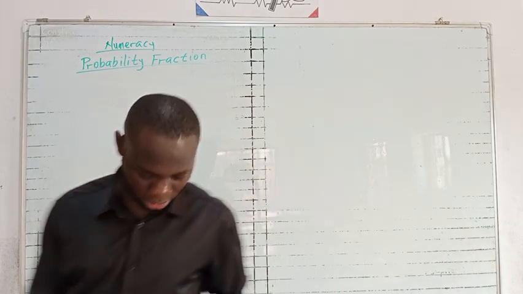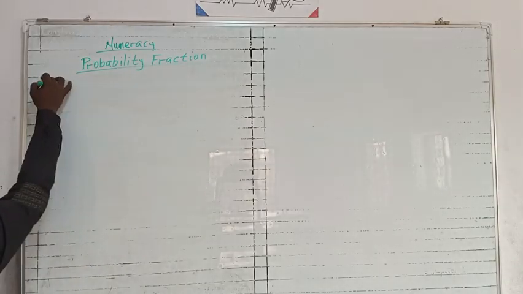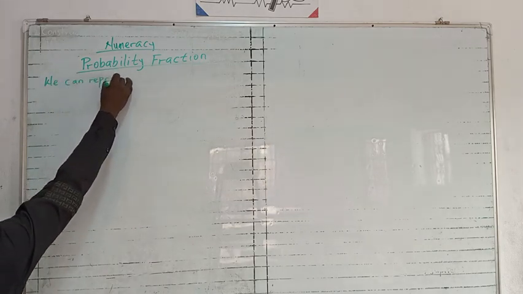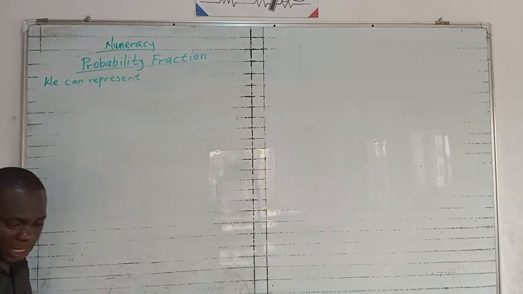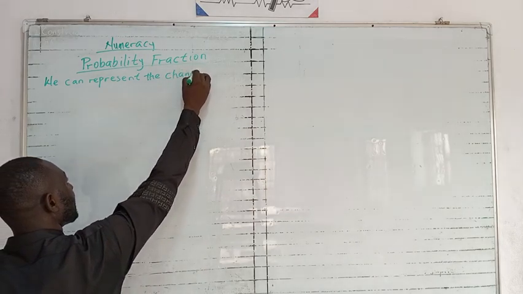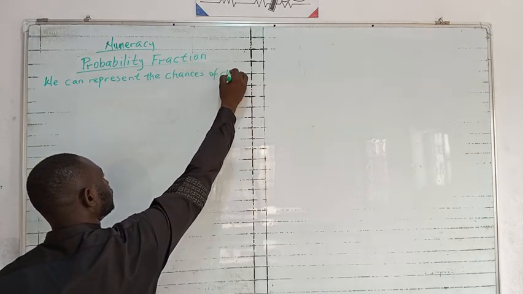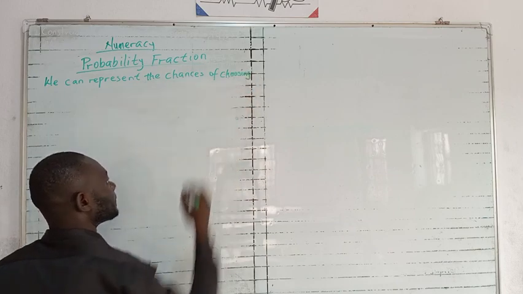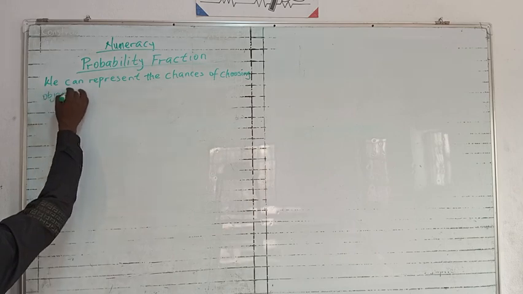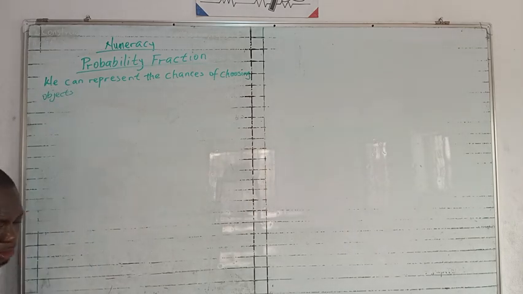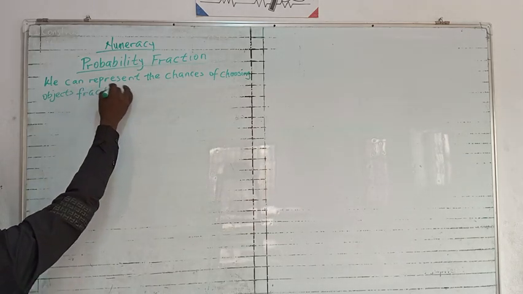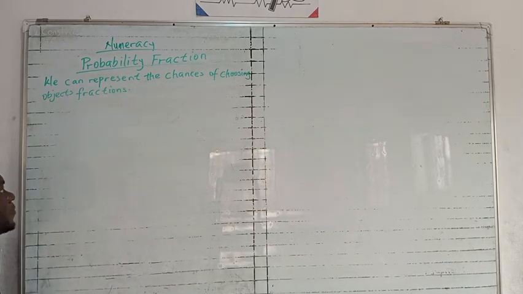So let's look at this. Like I said, we can represent the chances of choosing objects with fractions.